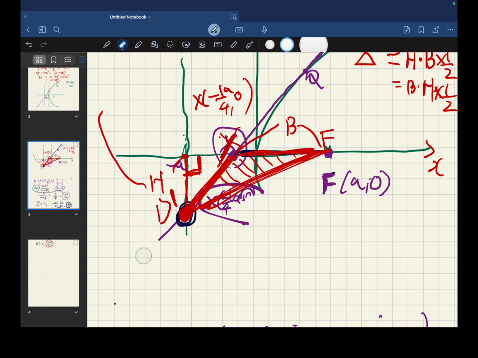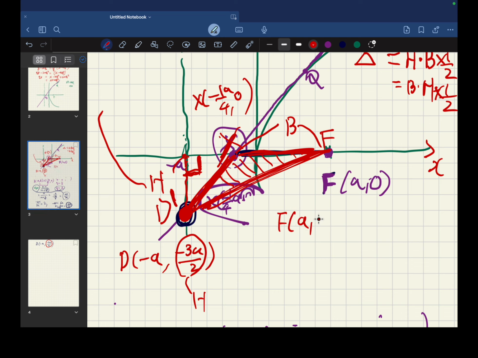So D was minus a comma minus 3a over 2, and this is the height of the triangle, and F is a comma 0 here, and X is minus a over 4.